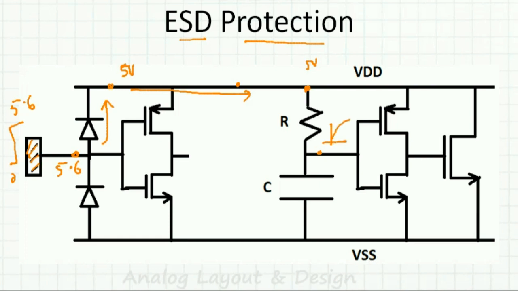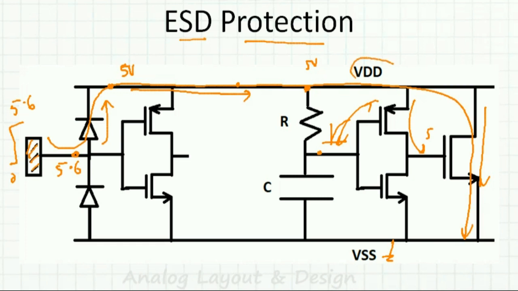Because of this RC, it will go up like this. This will turn on, and then the 5 volts will come here and this will discharge to ground. So the entire path of the discharge will go from here to ground.